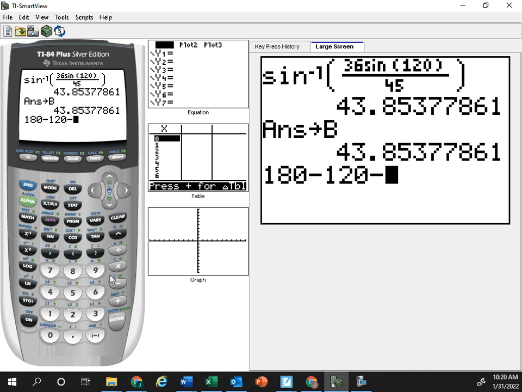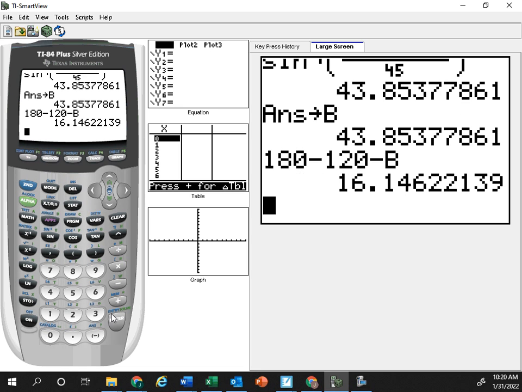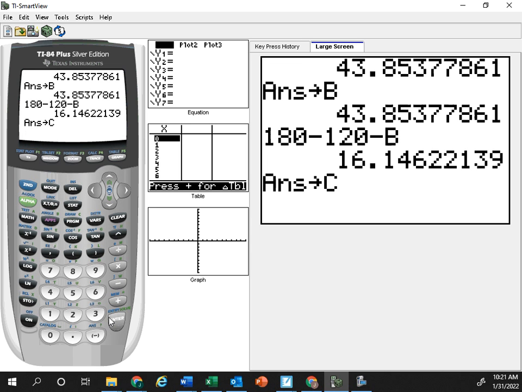And then I'm going to do minus B because I stored that answer as B. And so you get this lovely big decimal again. I'm going to store this answer. So what would I store this as, do you think? C, sure. So I'm going to hit store, alpha, C, enter.